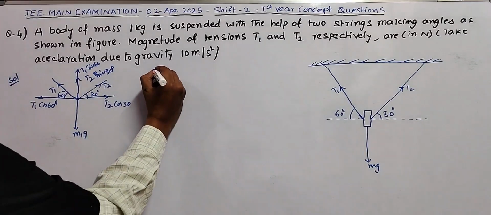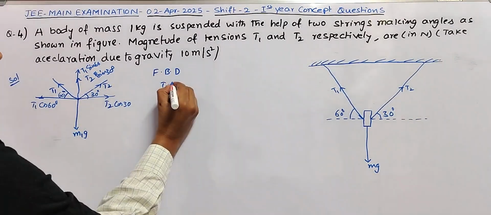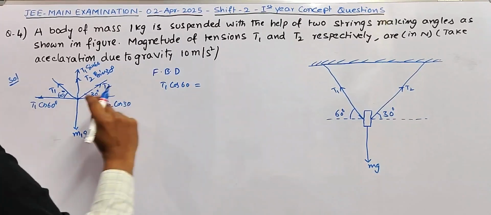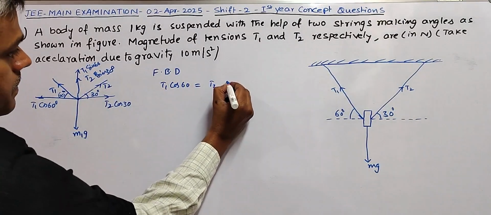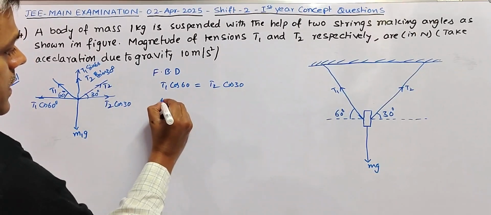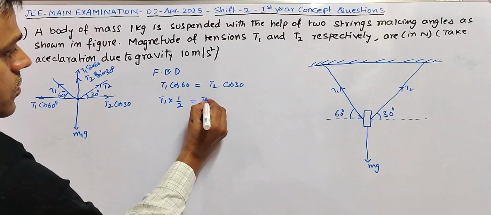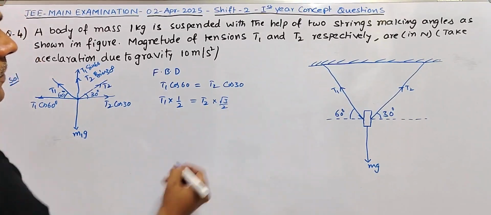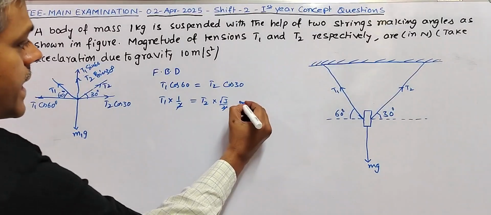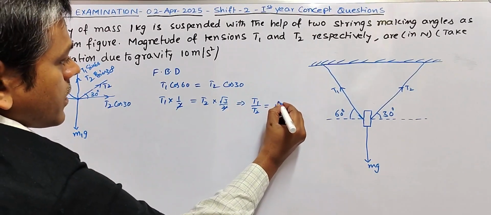So from the free body diagram, we can write T1 cos 60 is equal to T2 cos 30. T1 into cos 60, which is 1 by 2, is equal to T2 into cos 30, which is root 3 by 2. So the 2 is cancelled, which implies T1 by T2 is equal to root 3.